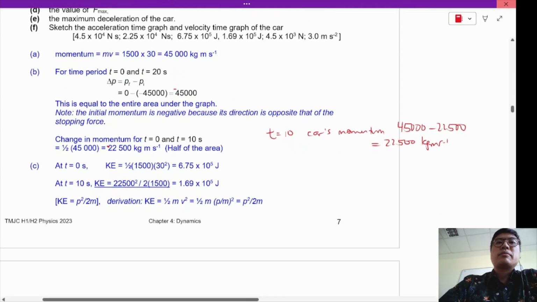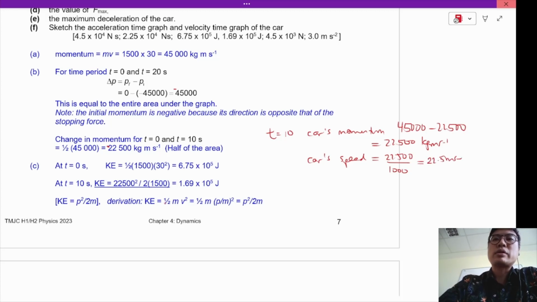Now the car's speed will be equal to 22,500 divided by the mass of the car, which will give us 22.5 meters per second.